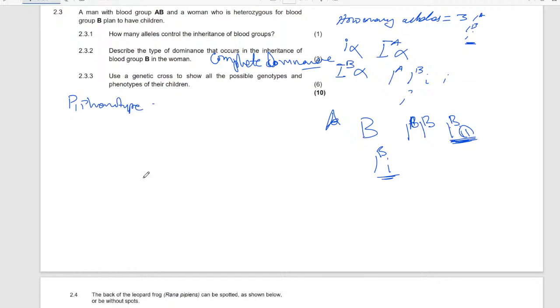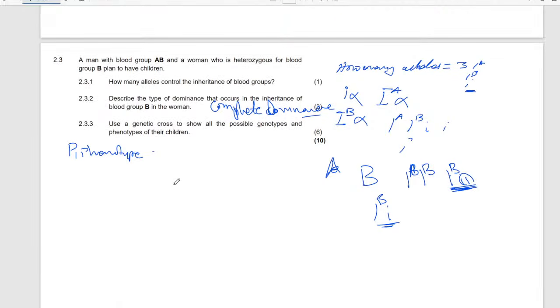You always get this from the question. The man who is blood group AB, so I write blood group AB, crossing with the blood group B. Then genotype.